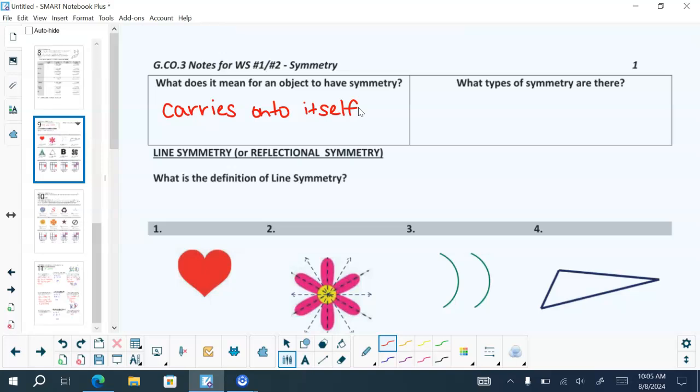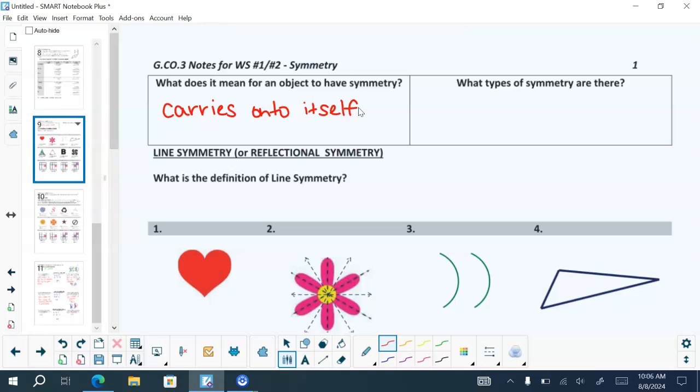All the corners had a nice matching corner, all the sides had a nice matching side. So everything was nice and clean when it had symmetry. Imagine if you divide a shape down the middle or diagonally or across its long side, and you fold it over that line and everything matches up, that means it's going to have symmetry.